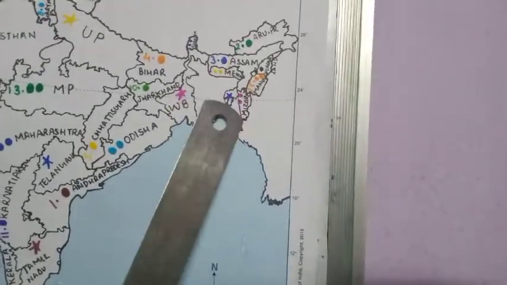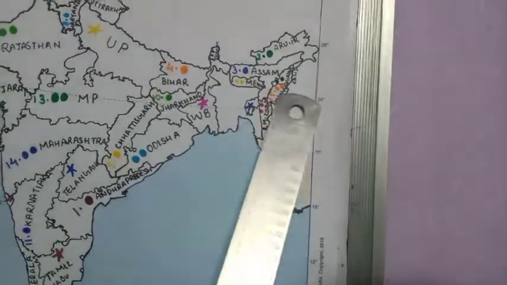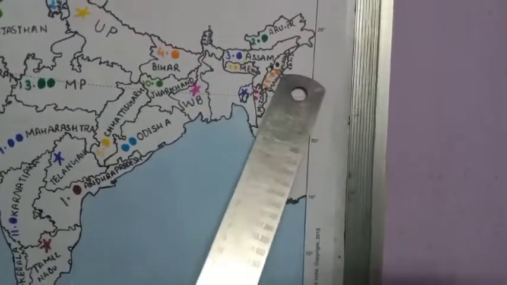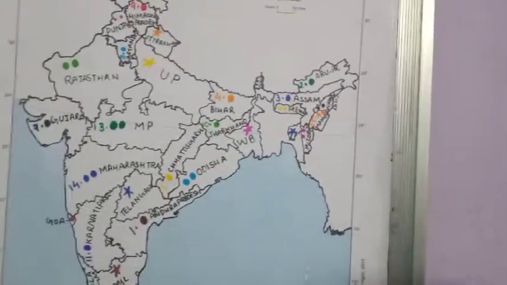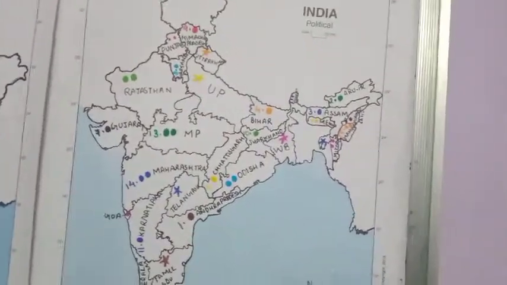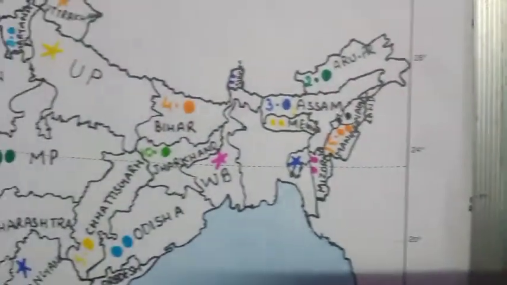Just beside Tripura, Mizoram. Just above Mizoram is Manipur, and above Manipur is Nagaland. Okay, so these areas are very crucial, and most students face problems understanding them. Now it is clear, I hope so.